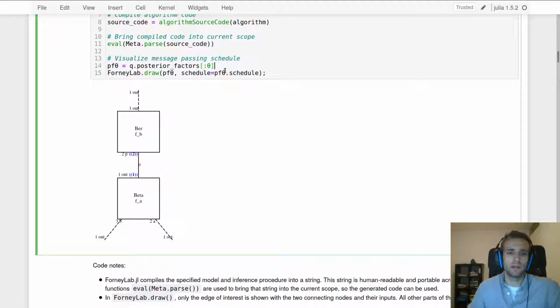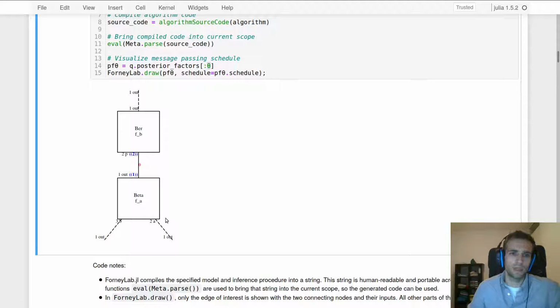And here I'm asking ForneyLab to visualize the message passing schedule for this particular variable that I'm requesting, so theta. And what ForneyLab then does is it takes the edge for theta, it visualizes the two connecting nodes, and then it visualizes all of the connections of those nodes.